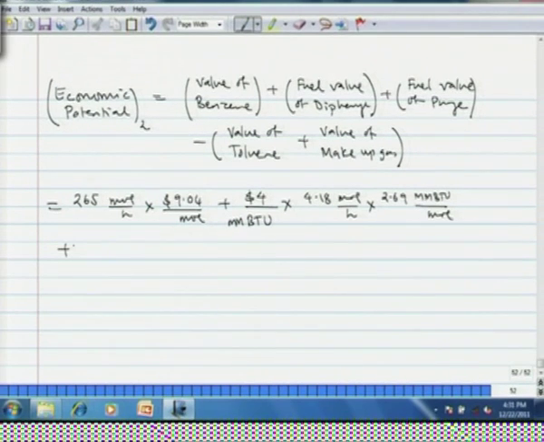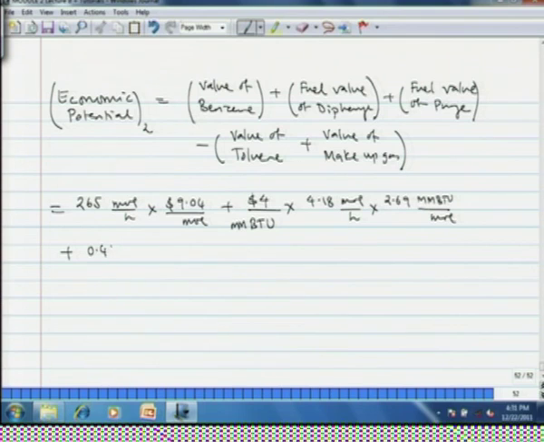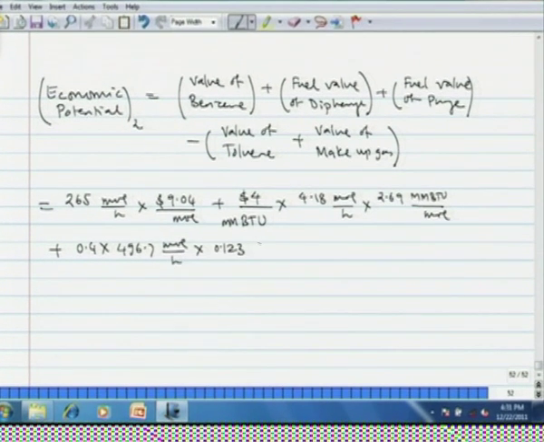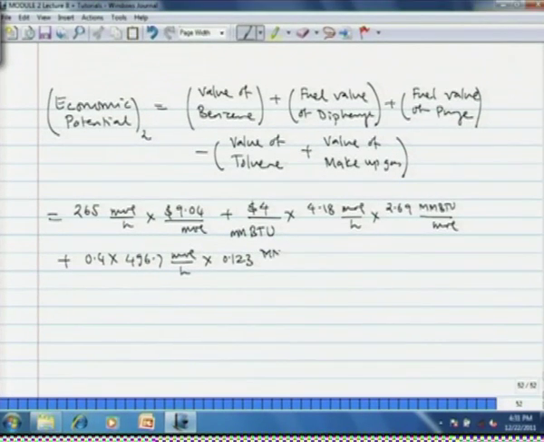Then the fuel value of purge, YPH, which is 0.4, into the purge gas, which is 496.7 mole per hour, into the fuel value of hydrogen, plus the fuel value of methane.